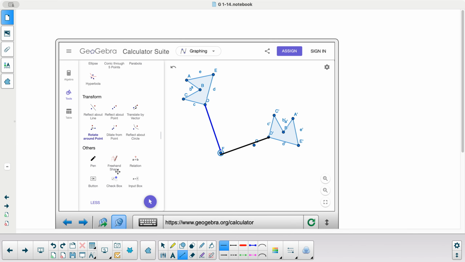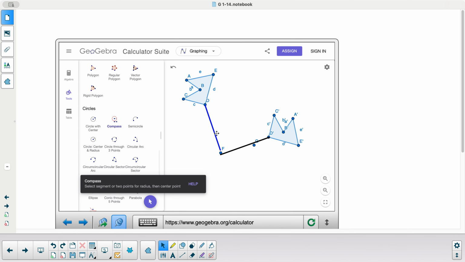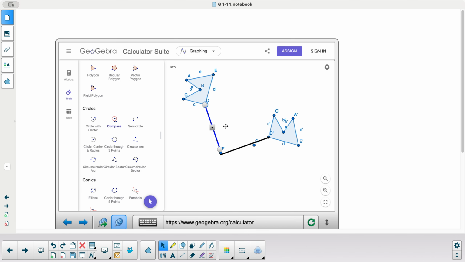So let me find my compass button here, compass. So if I look there, oh, hold on.